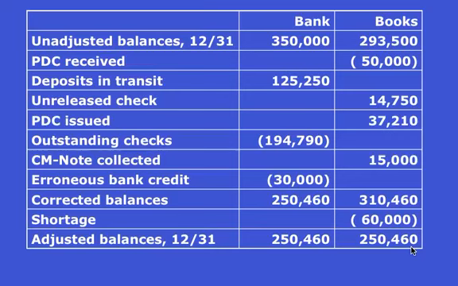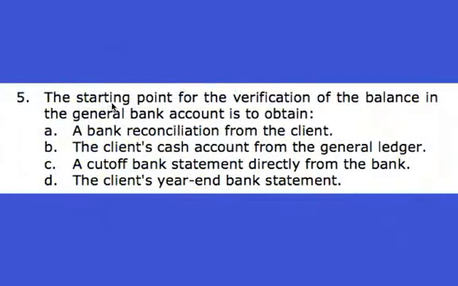Okay, next. Pointers in the audit of cash in bank. Okay, number 5. As noted already, what is the starting point? Letter A. A bank reconciliation. Okay, from the client. Again, yung bank recon na yan, supposed to be prepared by the client, then i-review ng auditor.